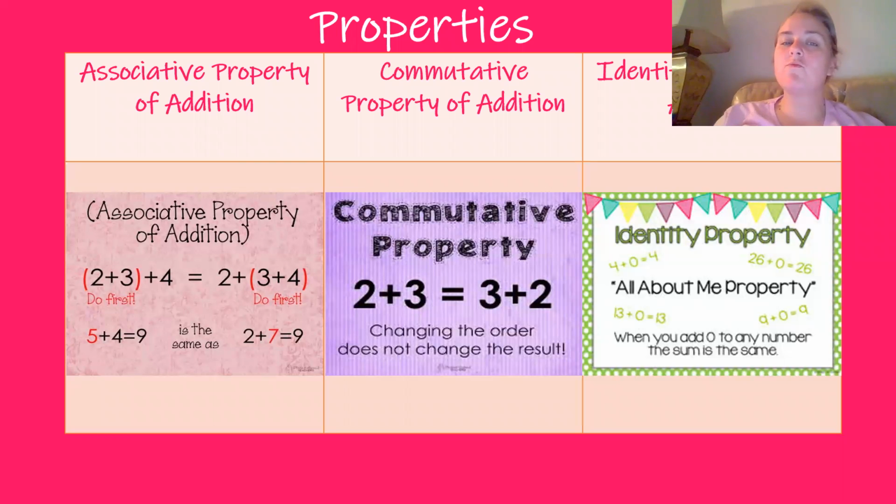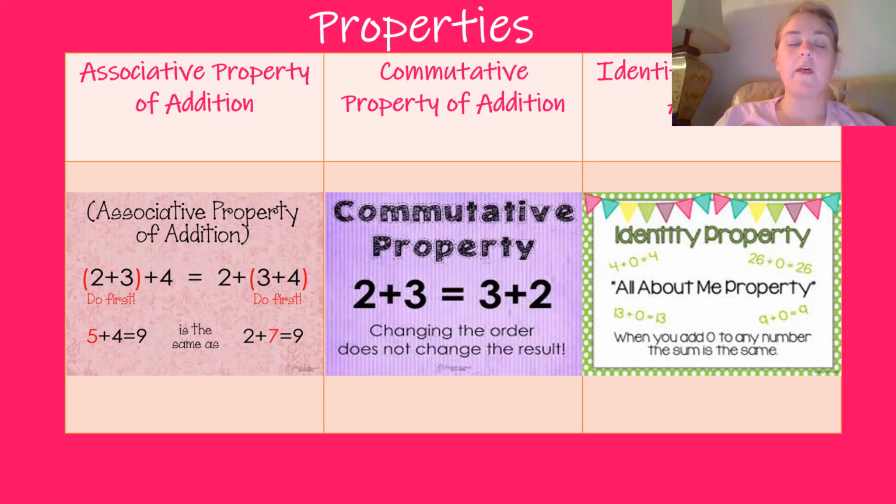All right, so let's review from 3rd grade these properties. The first property is the associative property of addition. It says that if you add, it doesn't matter where you put the parentheses, as long as you add the same numbers together, you're going to get the same answer.